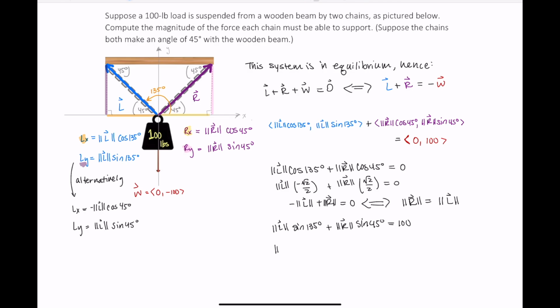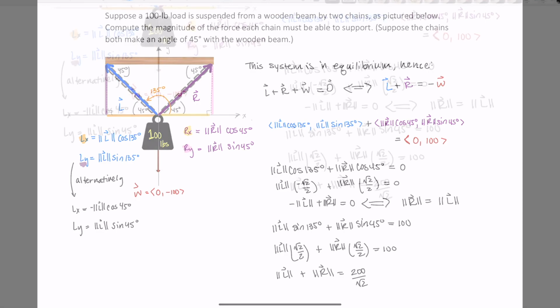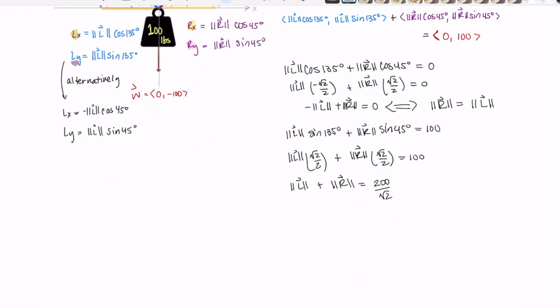So here I have the magnitude of L times root 2 over 2 plus the magnitude of R times root 2 over 2 is equal to 100. And I can write this as the magnitude of L plus the magnitude of R is equal to 200 over root 2. Now, as you can see, I resized my screen just a bit since I was running out of space.